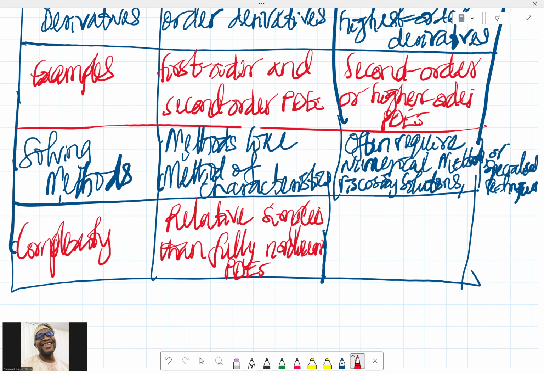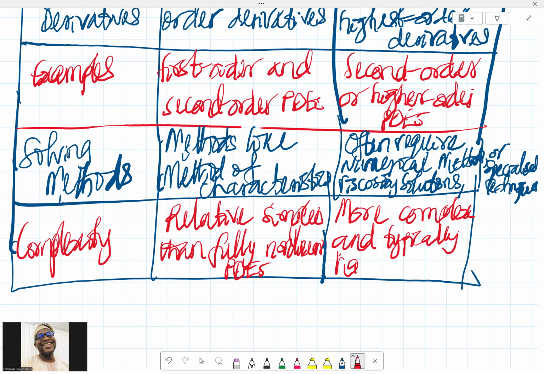On the other hand, it goes without saying that fully nonlinear PDEs are more complex and typically harder to solve. And that is why we need numerical methods or specialized techniques to take care of them.